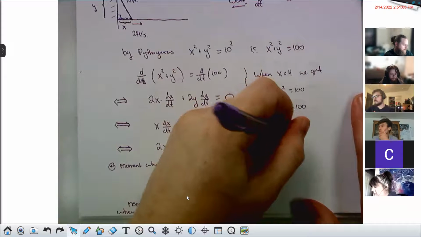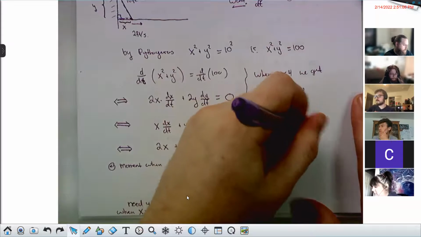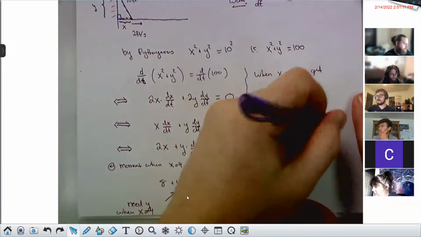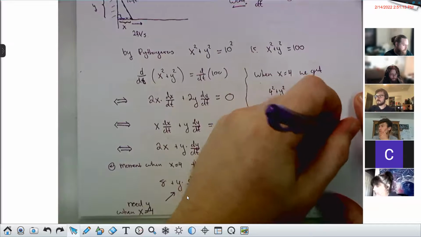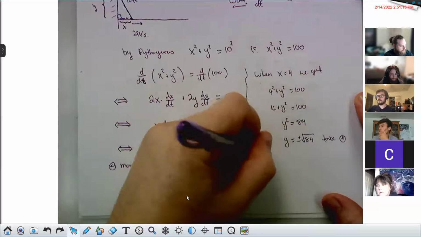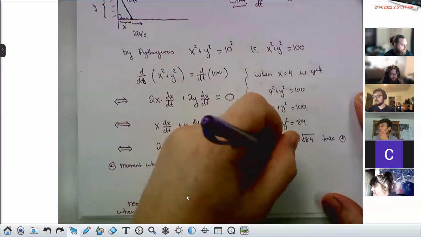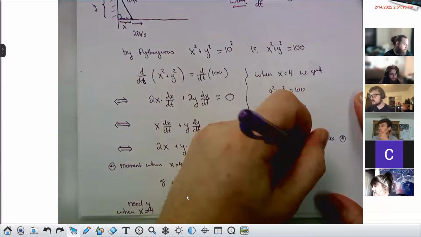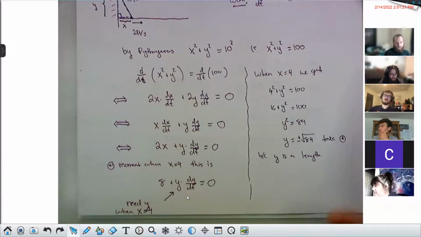So y would be plus or minus the square root of 84. And I'll take the positive because y is a length. The ladder is not going to fall through the floor. y will never be negative. So I take my square root of 84 and plug it in right here, and then solve for dy/dt.